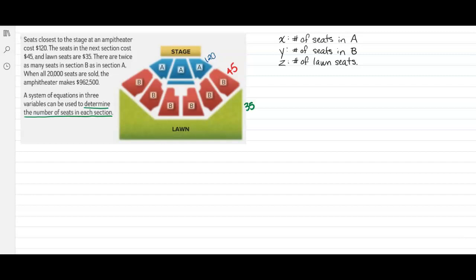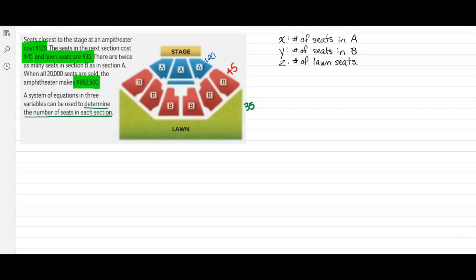So let's take the information that we've been given and write an equation. We know the value of A, the value of B, the value of C, and the total value.